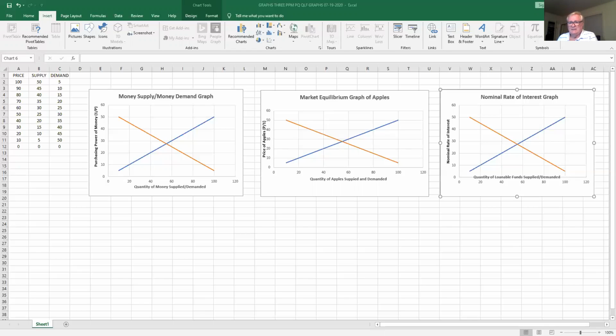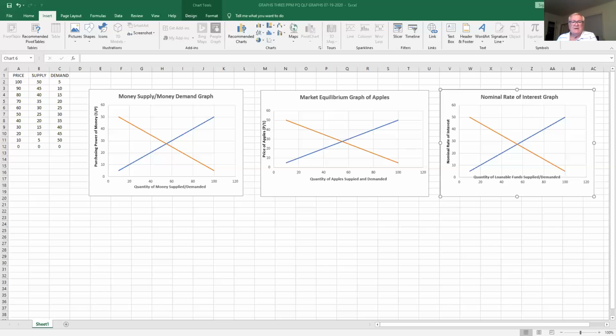So the important point to note is the velocity of circulation is used in the equation of exchange, which I'm sure you've been introduced to in your intro macro courses. And in addition to that, there always is an inverse relationship between the demand for money and the velocity of circulation.